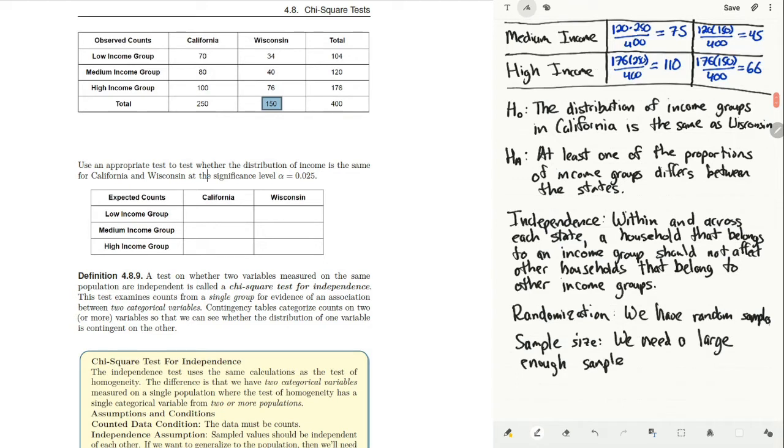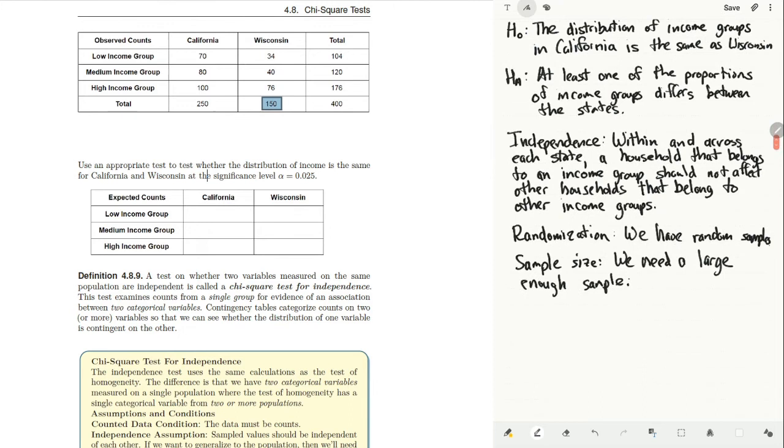And we check the expected cell frequency condition. We observe that all expected counts are at least 5.